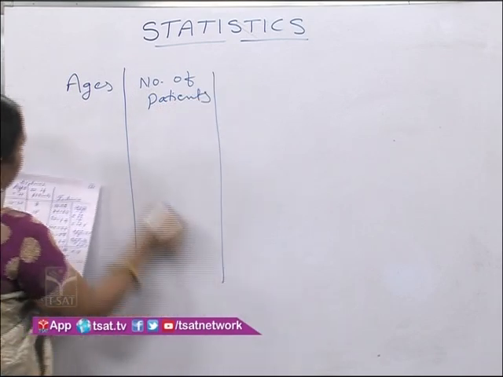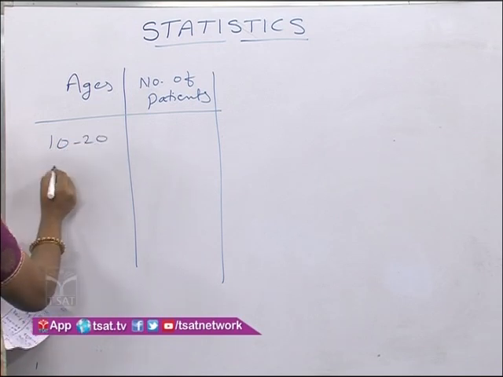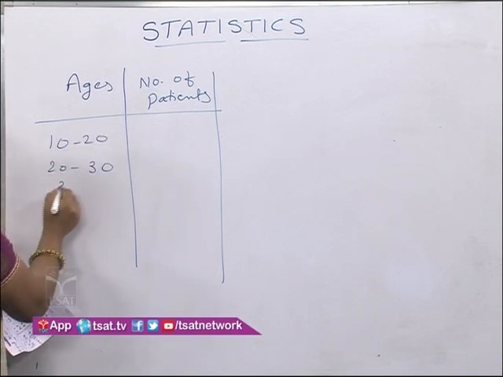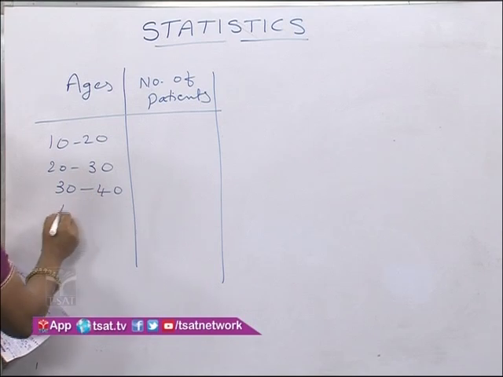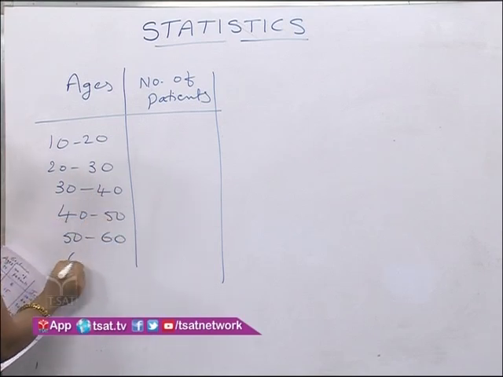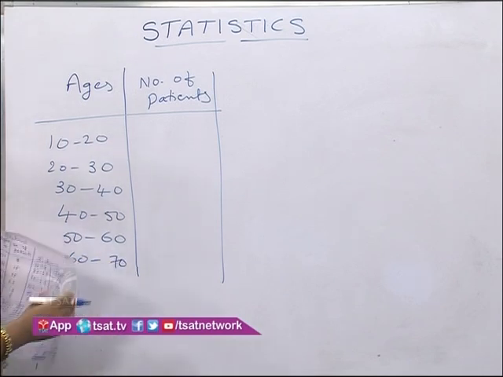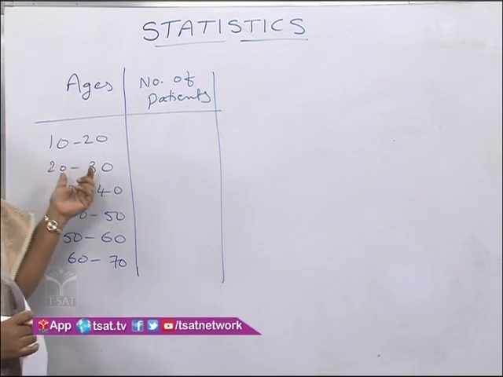Here the different age groups are 10 to 20, 20 to 30, 30 to 40, 40 to 50, 50 to 60, 60 to 70. We have seen in the beginning also that small groups were divided.